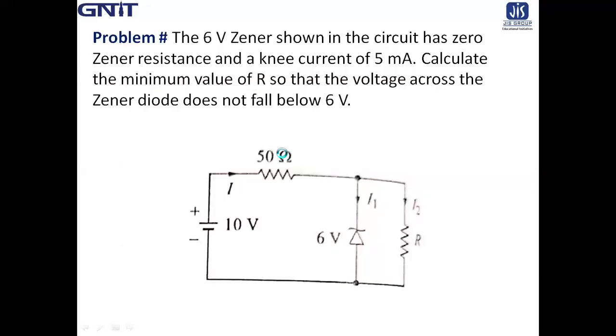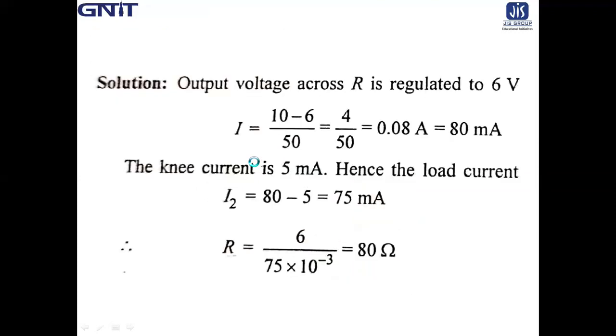See, 50 ohm is the resistance here, 10 volt here, 6 volt. So 10 minus 6 by 50, which is 80 milliampere, 0.08 ampere. And the knee current is 5 milliampere. So hence the load current I2 is 80 minus 5 equal to 75 milliampere.